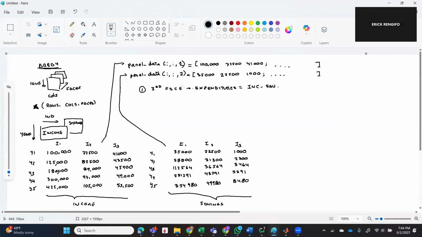Okay, so create a third phase that is going to represent the expenditures. The expenditures are defined as the income minus the savings. So let's do the second one.